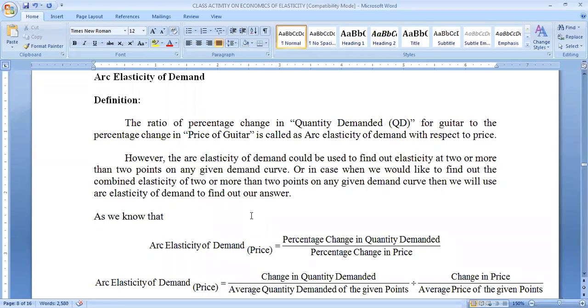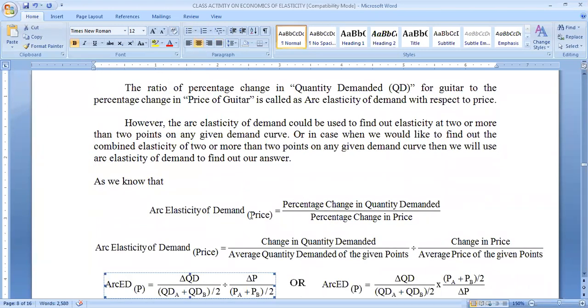So this is the understanding of arc elasticity of demand. The formula of arc elasticity of demand can be written as arc elasticity of demand, within brackets price, equals percentage change in quantity demanded divided by percentage change in price.